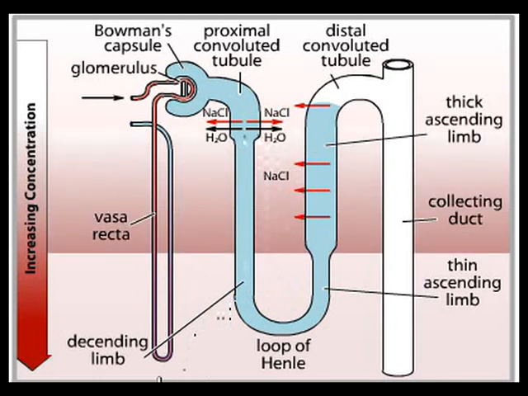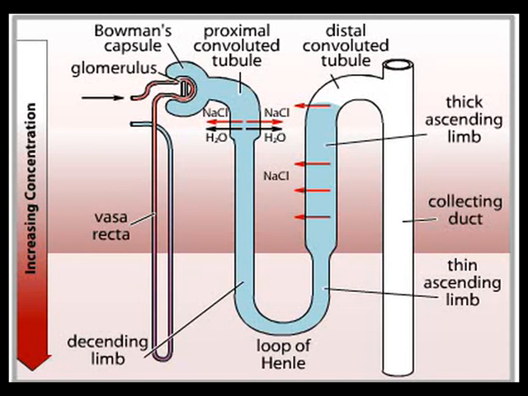Okay? Now, the concentration of the solutes is raised in the surrounding tissue fluid in the medulla, because only the solute is reabsorbed and not the water in this part of the ascending limb of the loop of Henle. Now, the descending limb in contrast is permeable to water, but not very permeable to sodium.